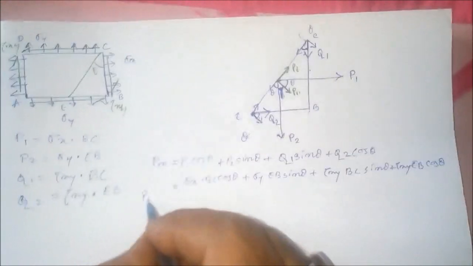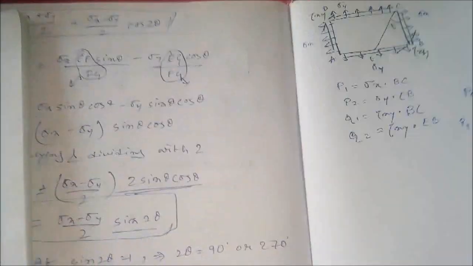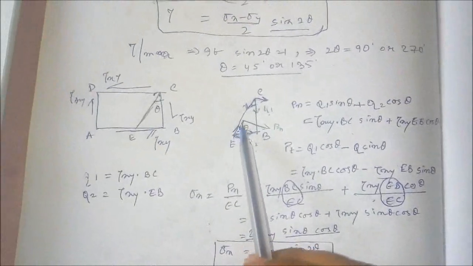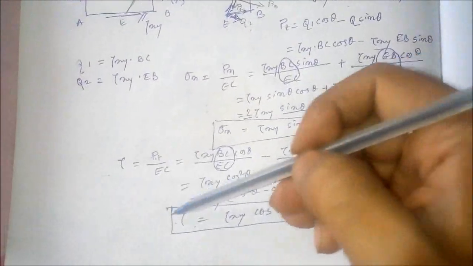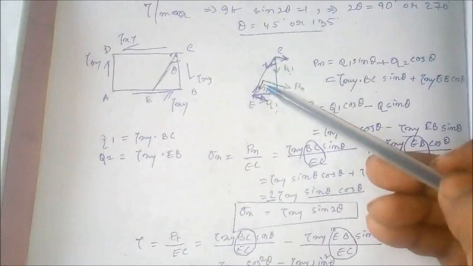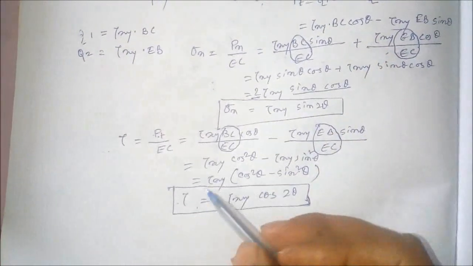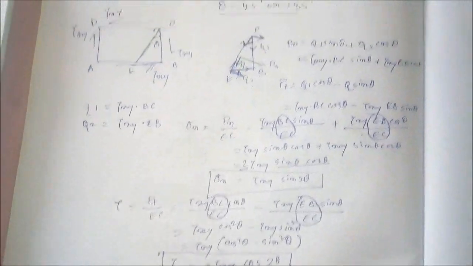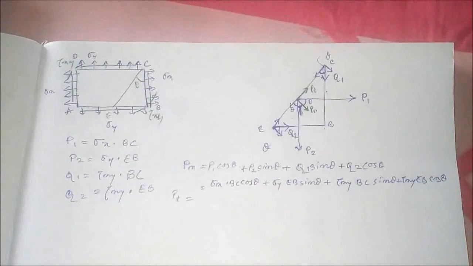Now what will be the value of Pt? In the last case we have taken Pt in this direction, that is why we have come to this equation. If we take this in the opposite direction, we simply will have a negative sign over there, but in this case we are taking it in a different direction, right?